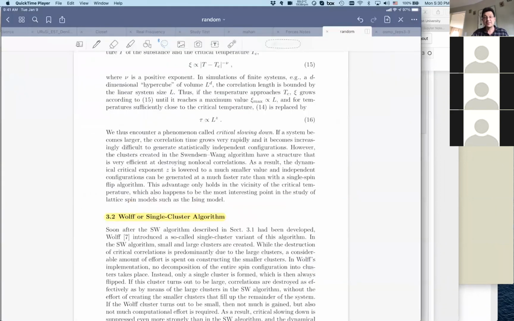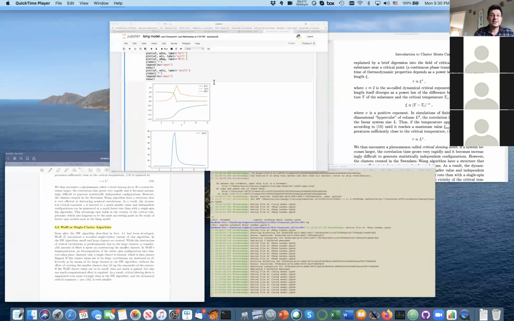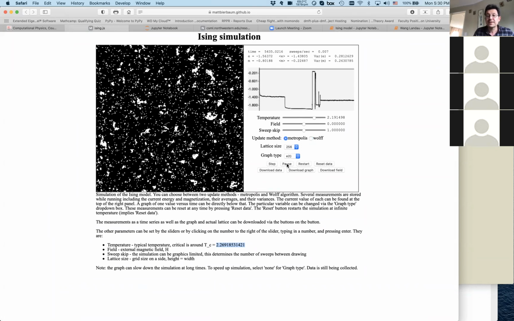And the first thing that I want to make you aware of is so-called cluster algorithms. We already saw this in this Ising simulation here. Let me remind you that here we can run what they call Metropolis, which is what we implemented right now.